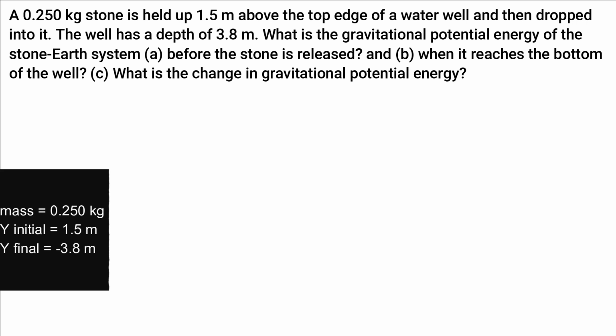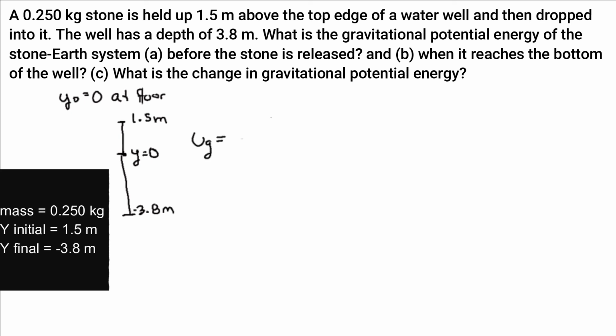So this problem is again regarding gravitational potential energy. I will draw a diagram here showing what is happening and the heights of the stone so we can visually see the movement. So y equals 0 at the top of the well, then 1.5 meters above the ground and 3.8 meters is below it. We must then indicate 3.8 meters as negative as it is below our 0 position.